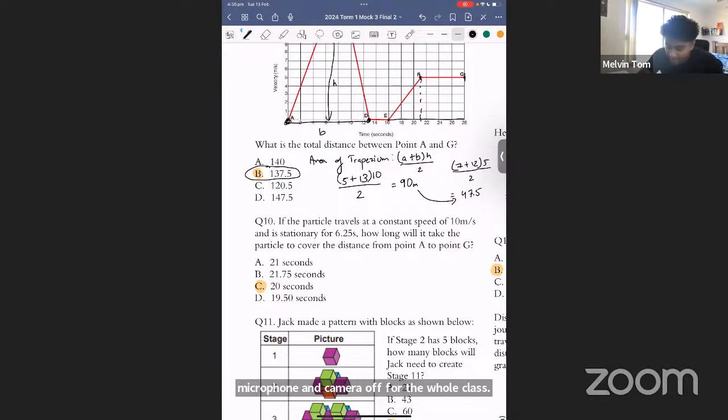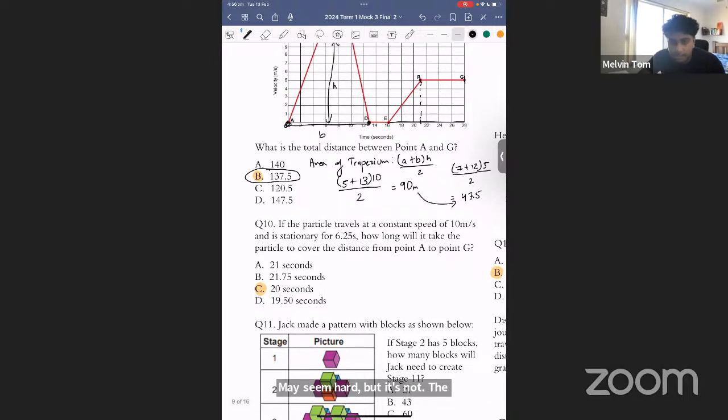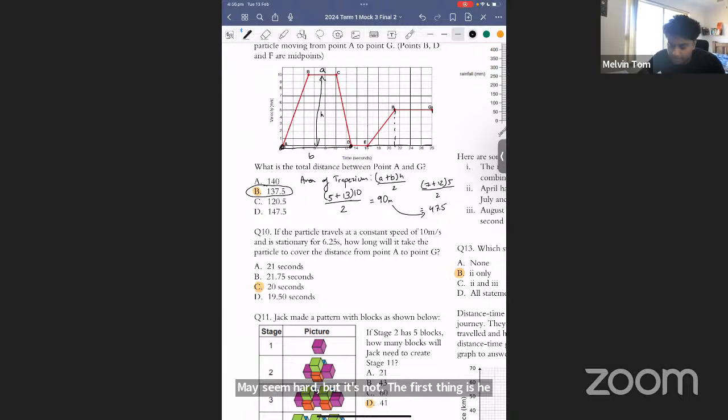All right. So if the particle travels at a constant speed of 10 meters per second and is stationary for 6.25 seconds, how long will it take for the particle to cover the distance from point A to point G? This question may seem hard, but it's not. How much distance did the particle cover?